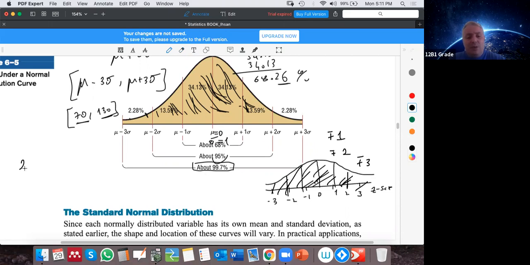Meanwhile, what is the z score? If you remember, it is x minus mu divided by the standard deviation. So x is the number which will be given in the question, mu is the mean of the population, this is the standard deviation of the population, and this is the z score. If you need x, you can say that z times standard deviation plus mu is equal to x.